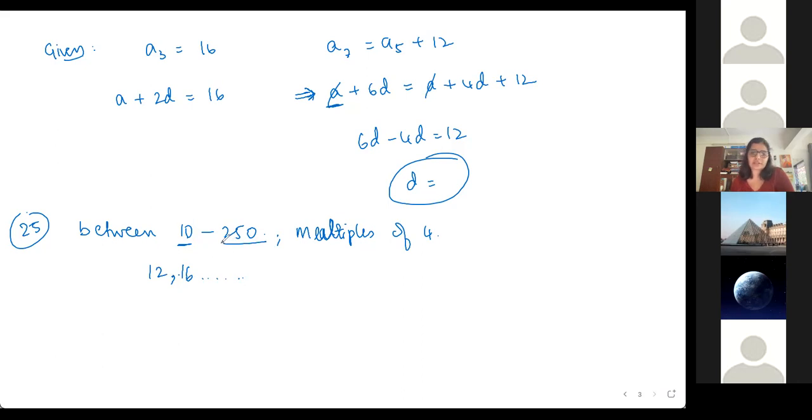Now check, is 250 a multiple of 4? Mansi got it right now. No, ma'am. So before 250, which is the last multiple of 4? 249. Is 249 a multiple of 4?